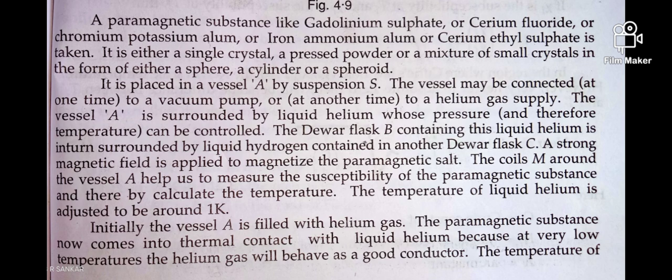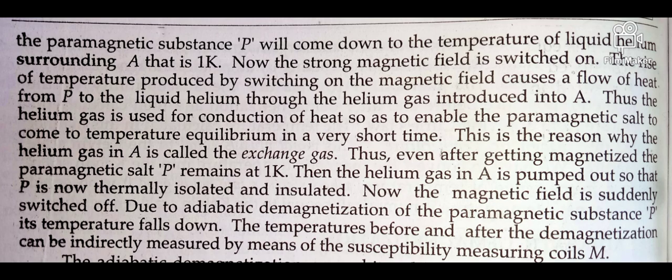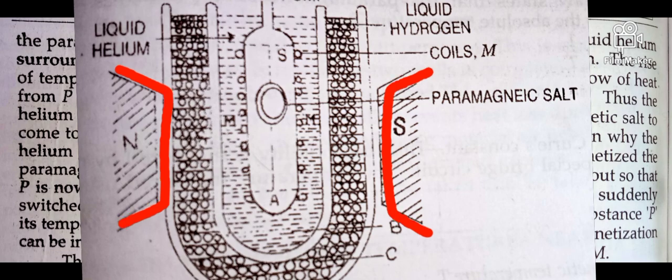The temperature of the paramagnetic substance P will come down to the temperature of the surrounding liquid helium, that is 1 Kelvin. Now the strong magnetic field is switched on, so we apply the strong magnetic field to the paramagnetic substance. The paramagnetic substance is magnetized and its temperature increases.